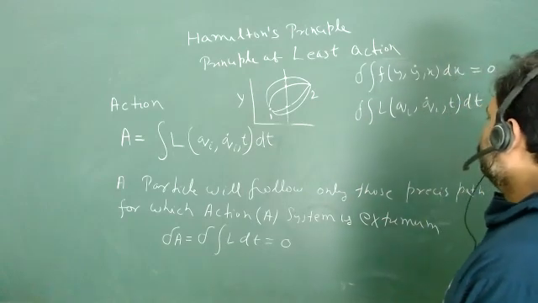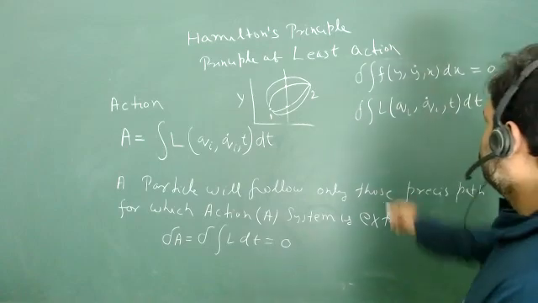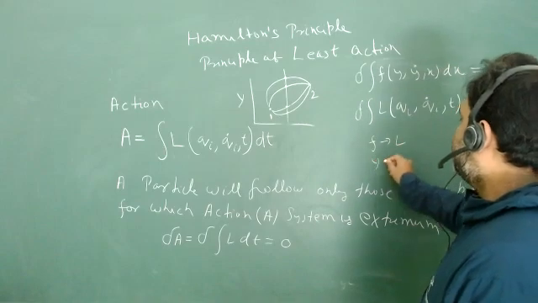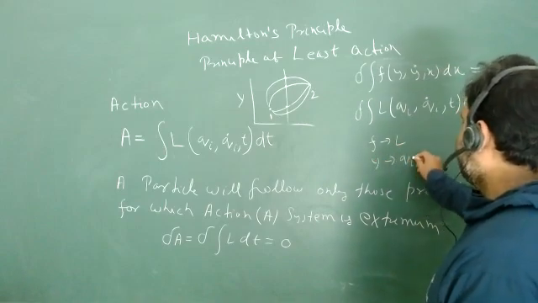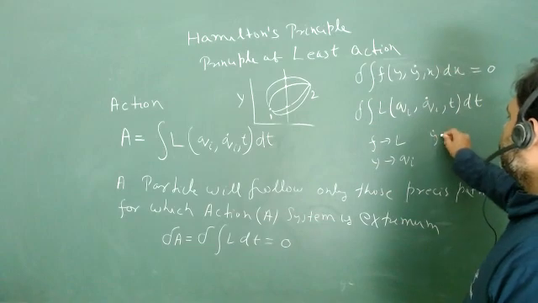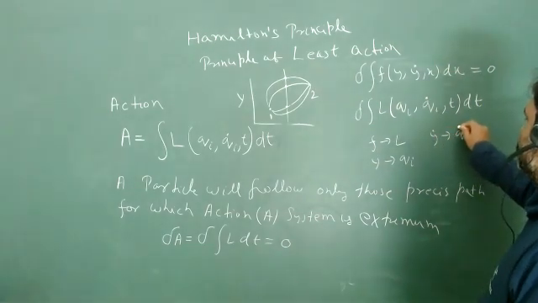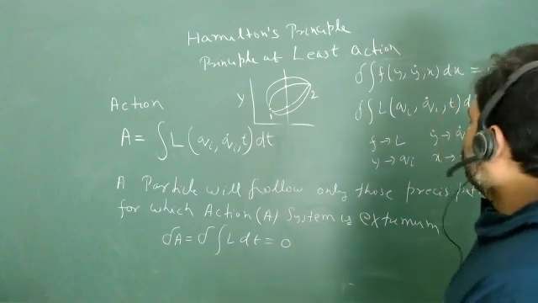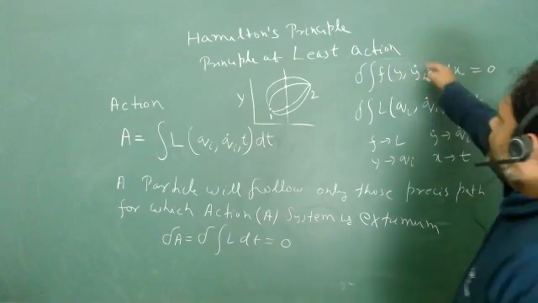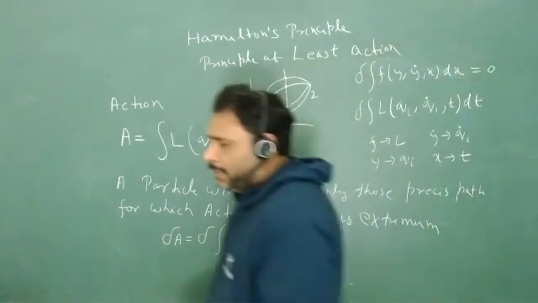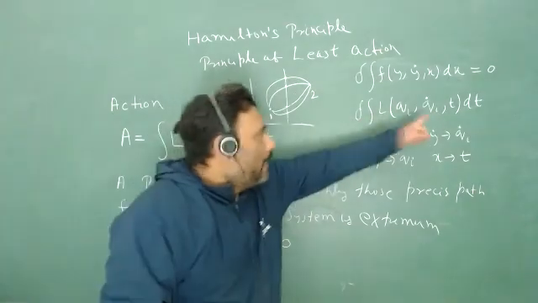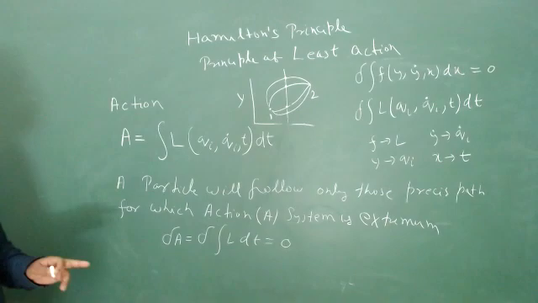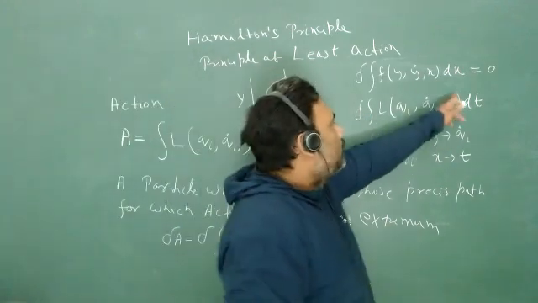Now we can compare these two things. f can be compared to L, y to qi, y dot to qi dot, and x to t. Now, if f follows the Euler-Lagrange equation, then L also has to follow the Euler-Lagrange equation. So what will be the Euler-Lagrange equation for this particular L?